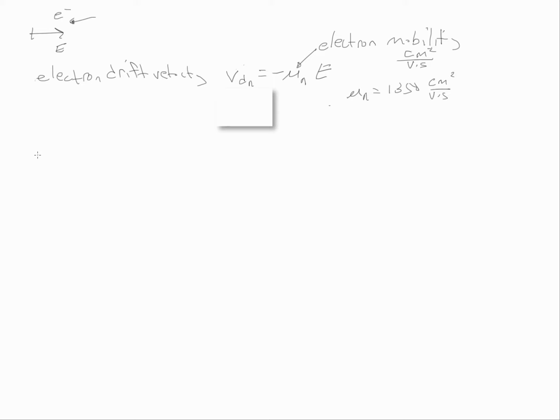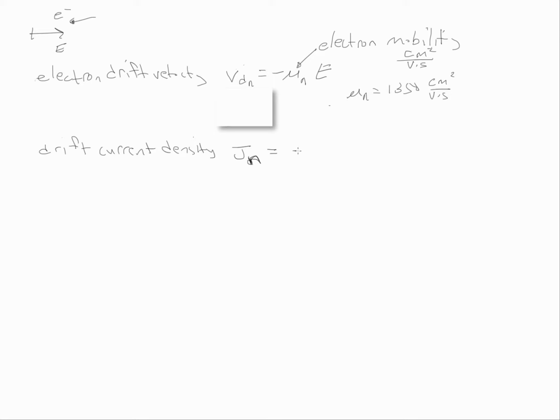And so now we're going to do the drift current density, which is J sub dN. Oh, the book just calls it N. And we're talking about the N-type semiconductor with extra electrons around.